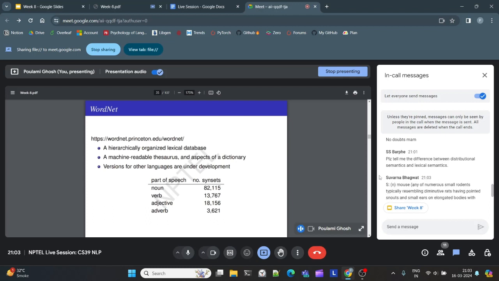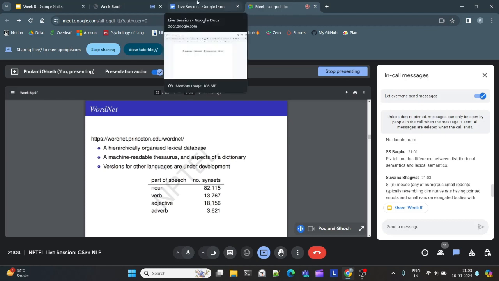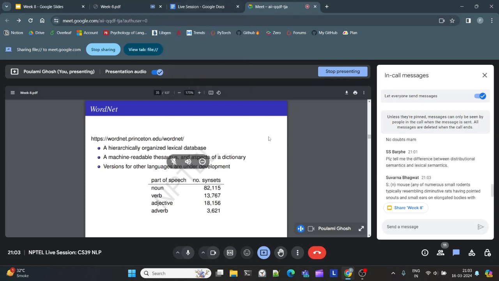What is the difference between distributional semantics and lexical semantics? In distributional semantics, we operate at the level of vectors. We would have vectors representing two concepts, and if we want to find the similarity, we would be computing similarity at the level of vectors.